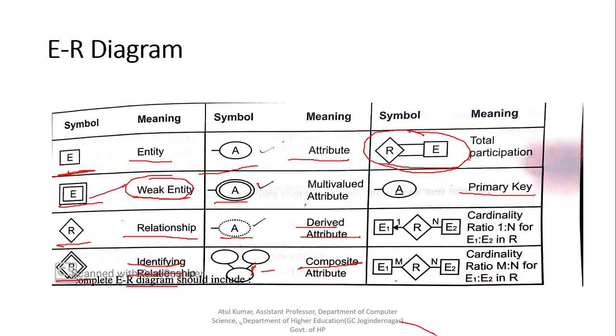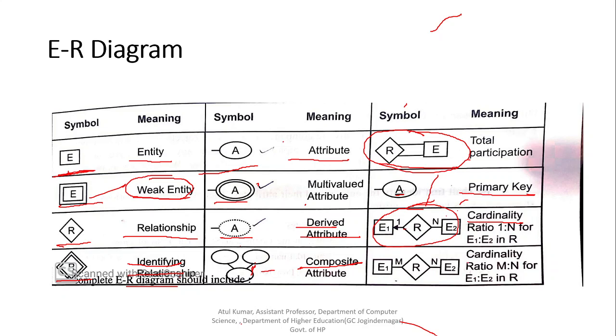Next we have a primary key, so the primary key attribute is always presented by underlining its name. Next we have cardinality. Cardinality is how many instances of one entity are related to how many instances of the other entity, and they are represented by this kind of symbol.